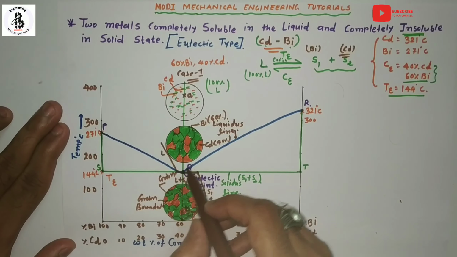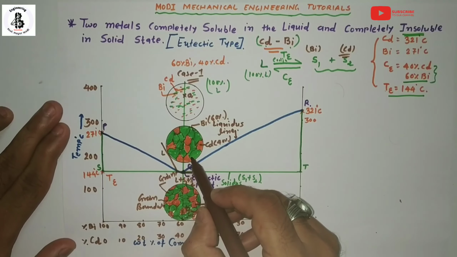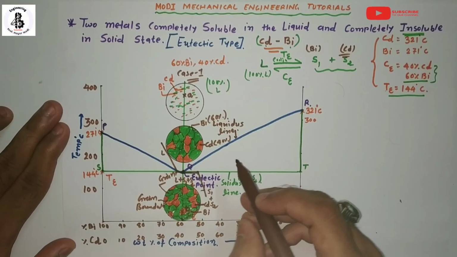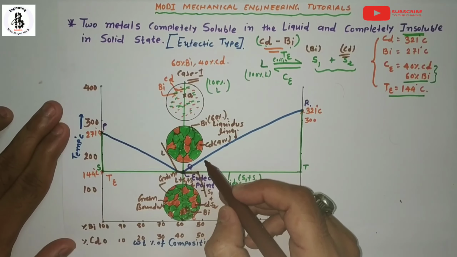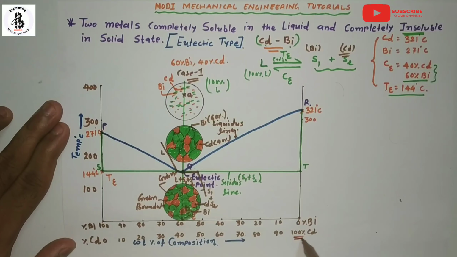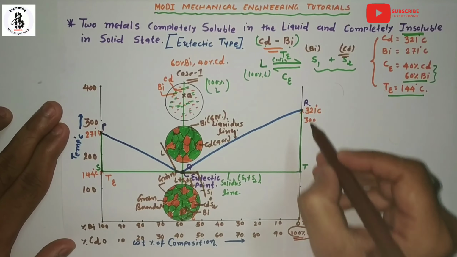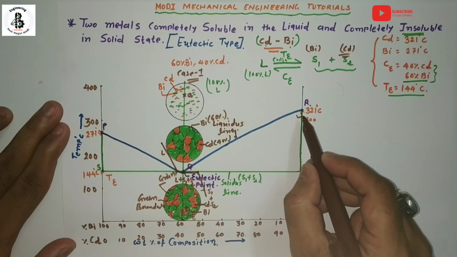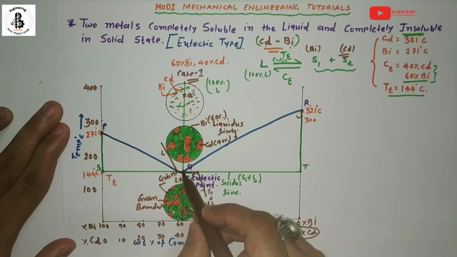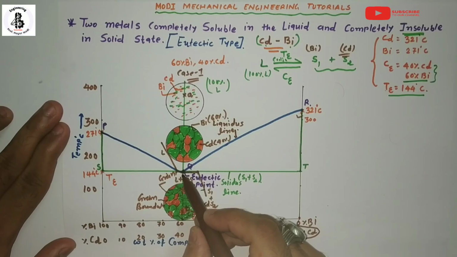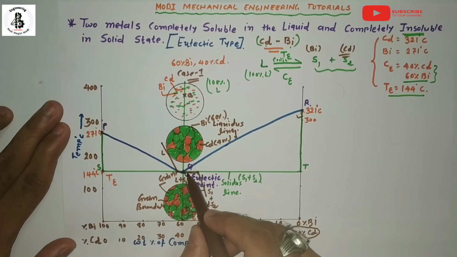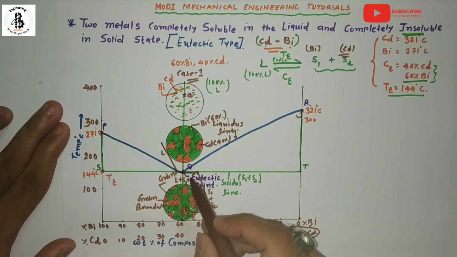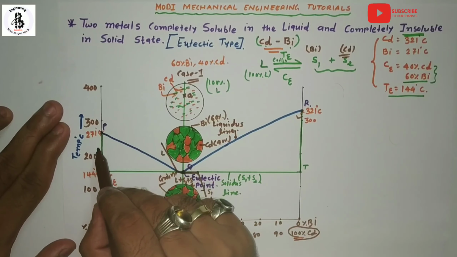First, crystals of one of the components, generally the one with the higher melting point, begin to form. Here the cadmium has the higher melting point, so that begins the solidification process. Then the cadmium crystals become richer in the second component, bismuth.